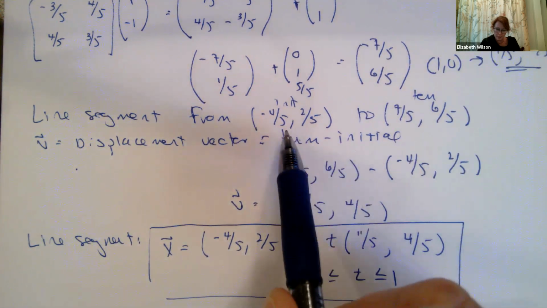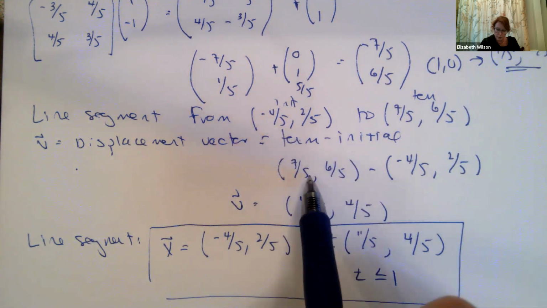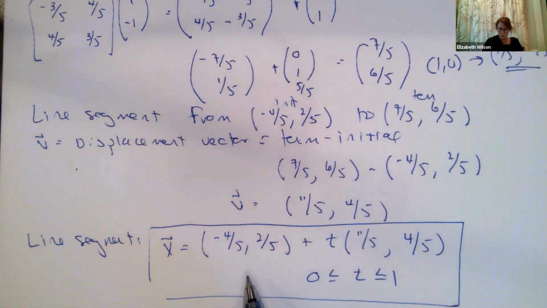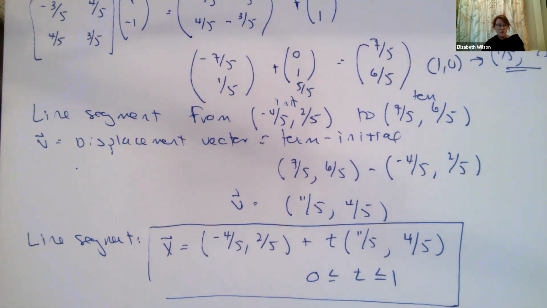So I subtracted my terminal minus initial to get this as my displacement vector. So my initial point plus the parameter times the vector, and I have to restrict my t value. Okay, so that was 3b. Some of that was a review, and some of that question number 1 was new.